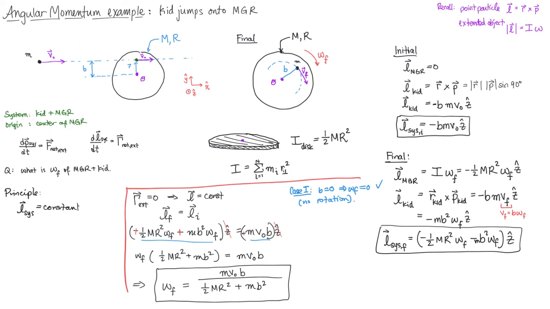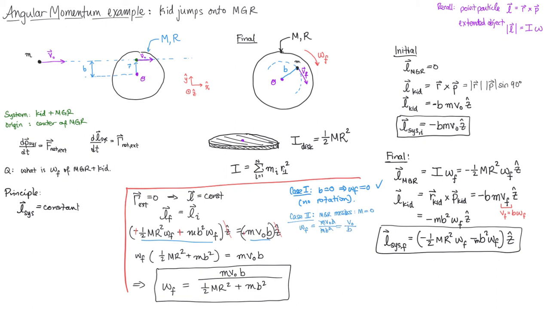What other tests can we do? Well, let's say, case 2, what if the merry-go-round had no mass? Okay, so it's a rigid object, it'll spin, but let's set big M equal to 0. In that case, omega final would equal m v naught b over mb squared, and we would get v naught over b.